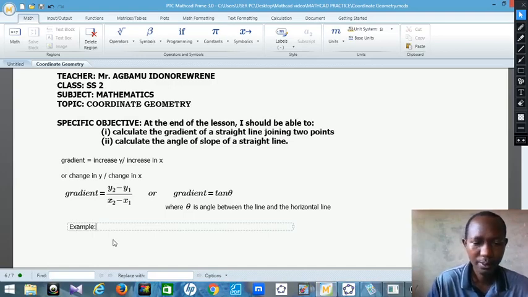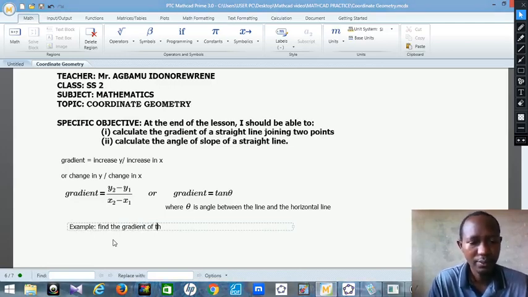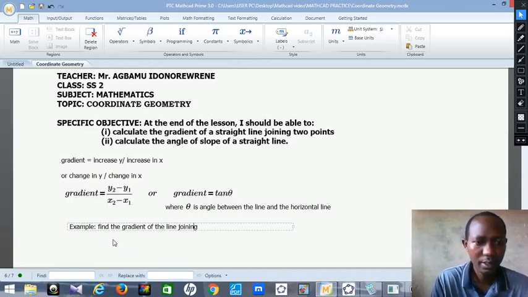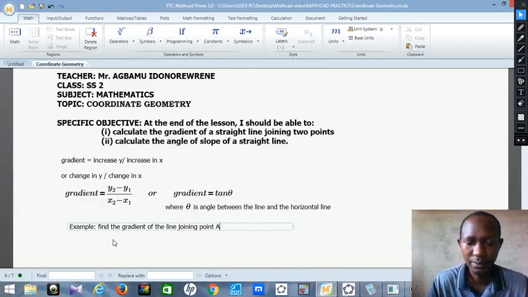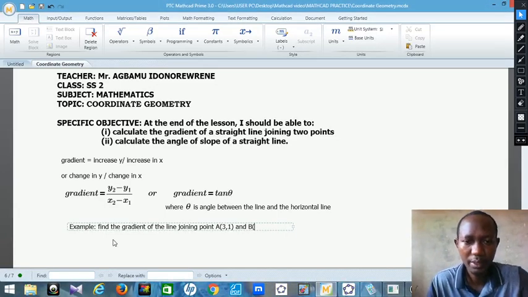They can tell you to find the gradient of the line joining point, first point, let's take 3, 1, and the second point B.